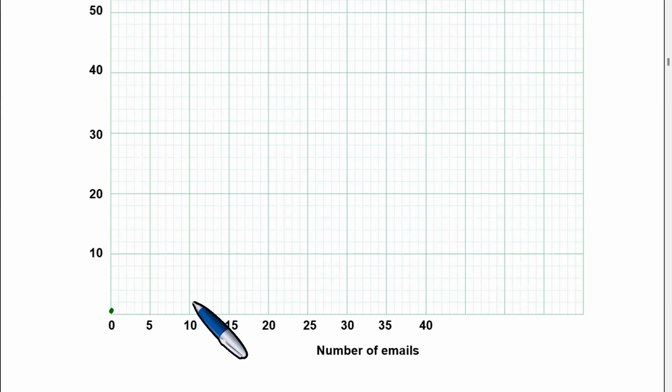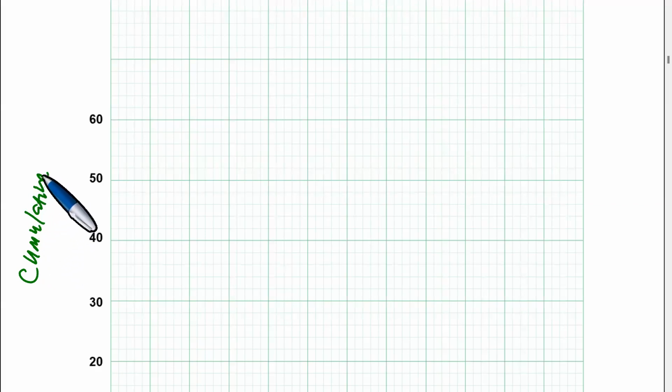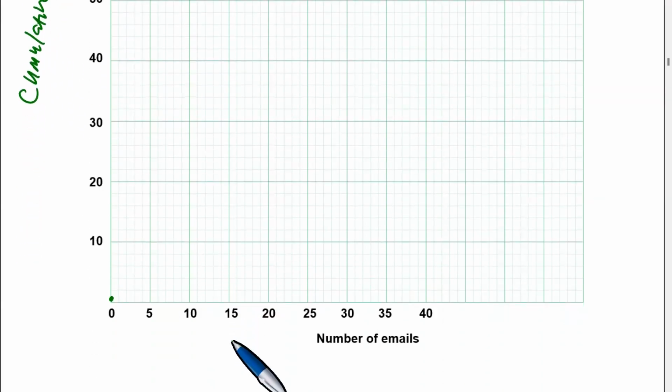You have the cumulative frequency on the vertical, and on the horizontal this is the number of emails. So you have a reading at the origin of 0.